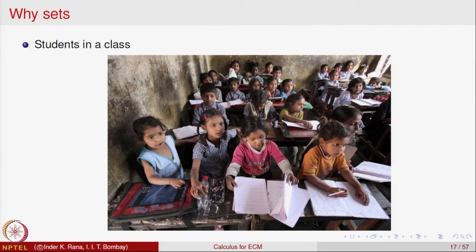Students in a class. They could be boys, could be girls, students sit in a class. They are grouped in a class because we want to manage who will come and teach that collection of students, what time they will study, what topic and so on. So, students in a class, that is the collection put in a box called the class.